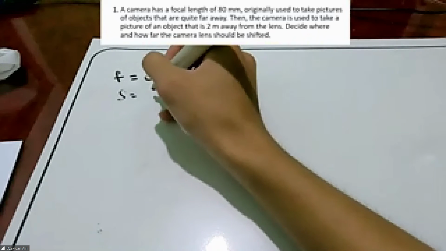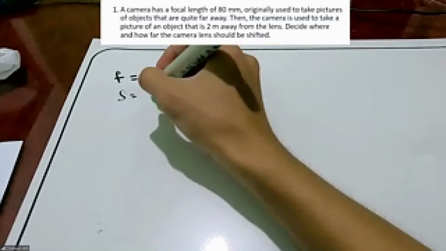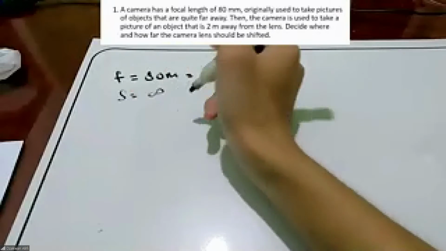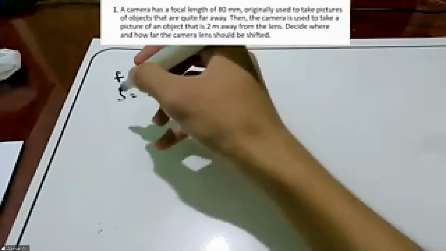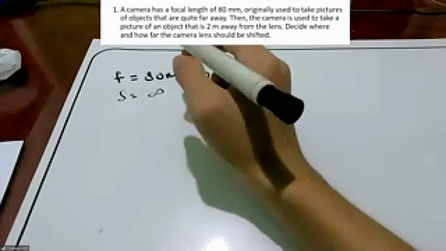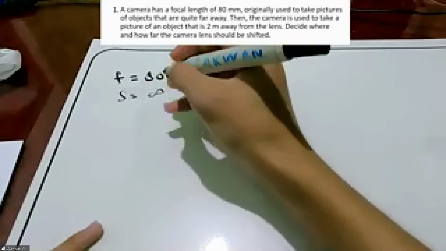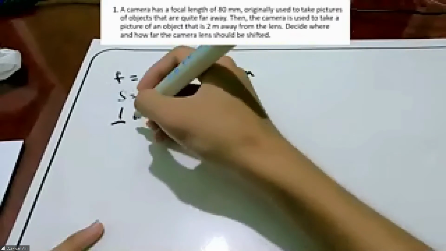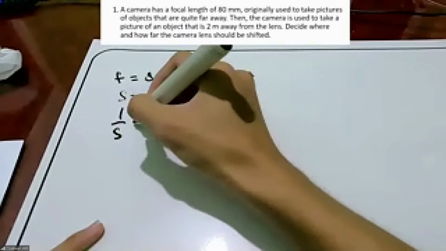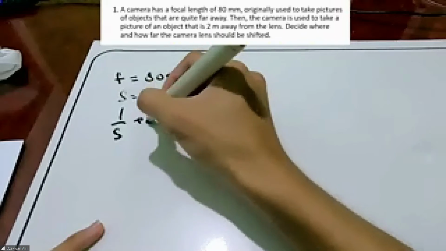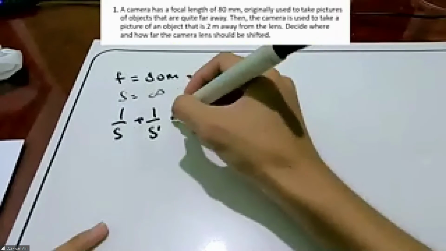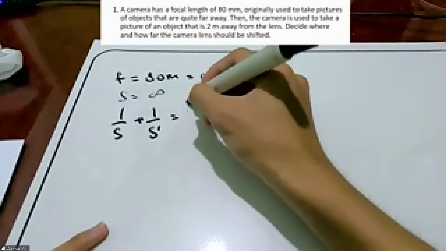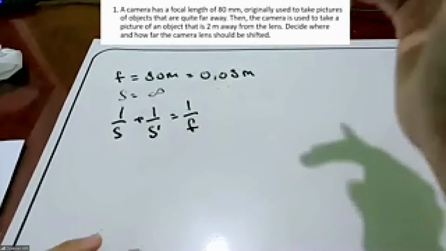We can treat that as infinity. Okay, then we know that the expression is 1 per s plus 1 per s prime equals 1 per f. This is the first expression.